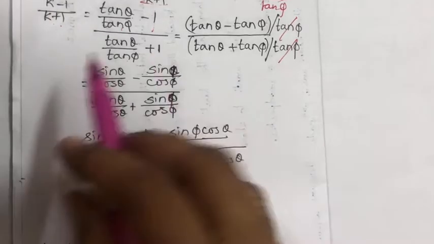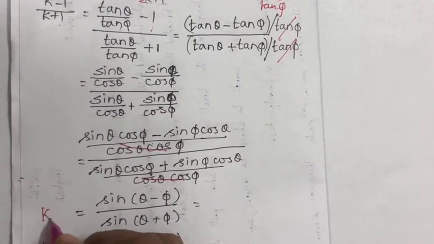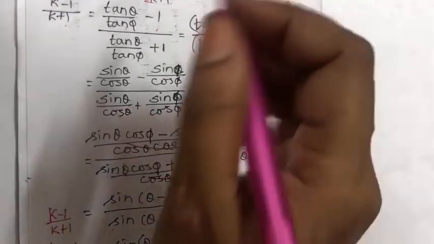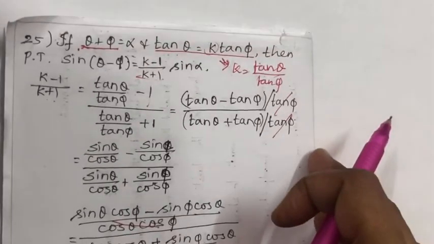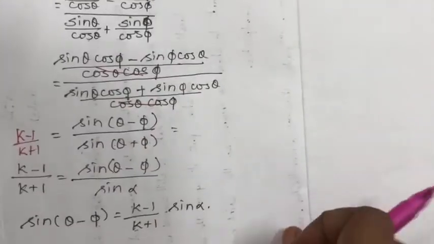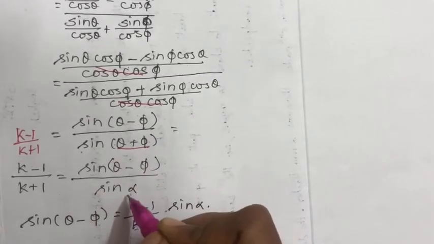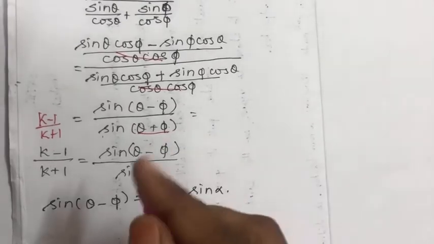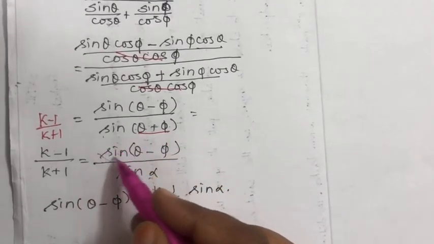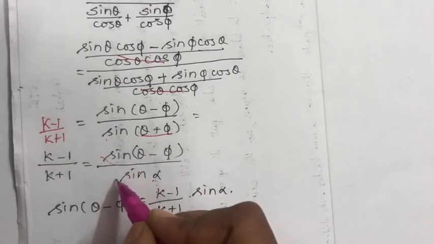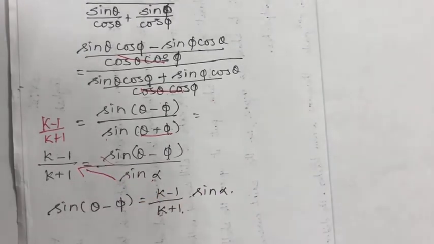So our (k minus 1)/(k plus 1) is equal to this. But we have theta plus phi equal to alpha. So, I write theta plus phi as alpha. What we have to prove? We have to prove sin(theta minus phi) equal to (k minus 1)/(k plus 1) into sin alpha. We can multiply it. So we get the result.